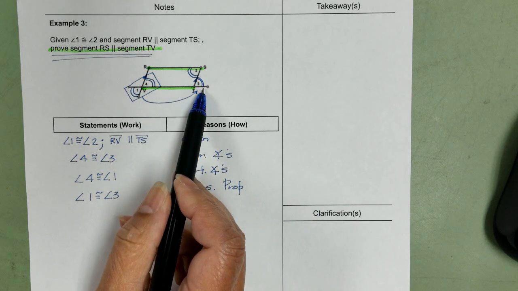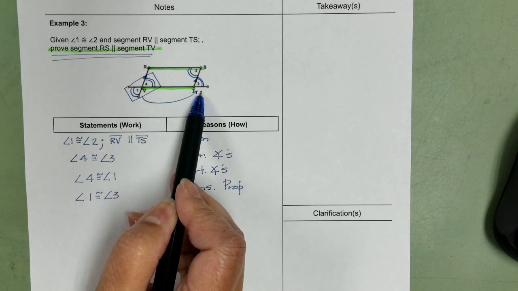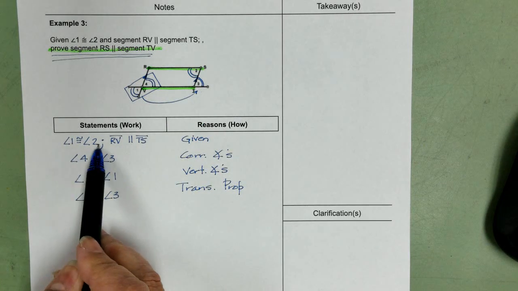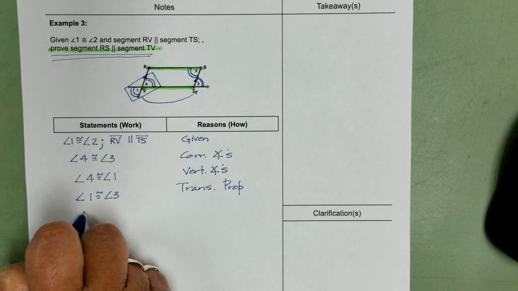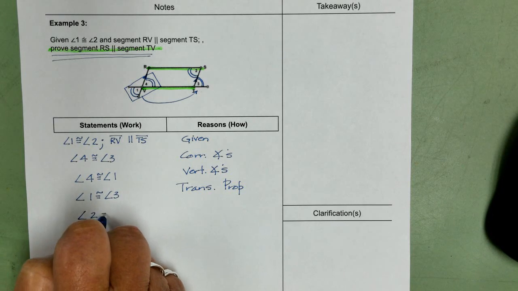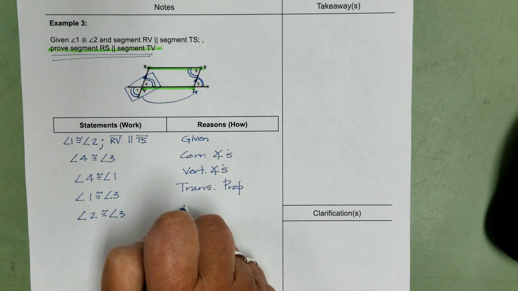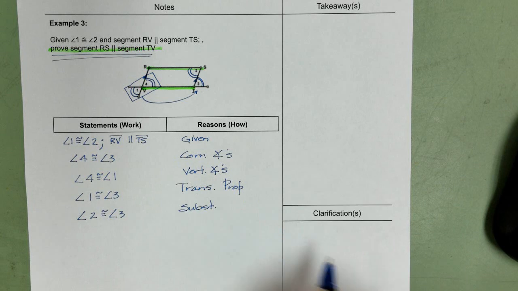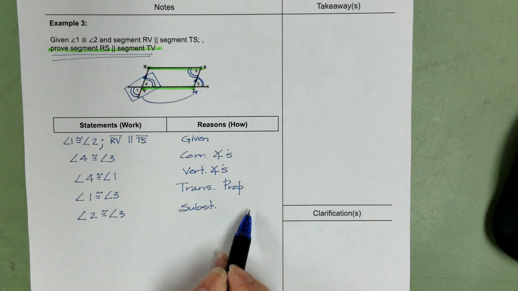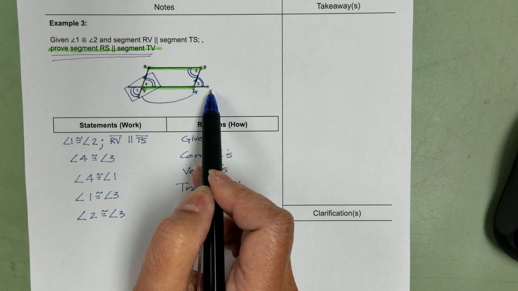So now, because 1 is congruent to 3 and 1 is congruent to 2, I can now connect angle 2 and angle 3. Angle 2 is connected to angle 3. And this is going to be, again, substitution, or you could say transitive property. All right, so now we've confirmed 2 is congruent to 3.